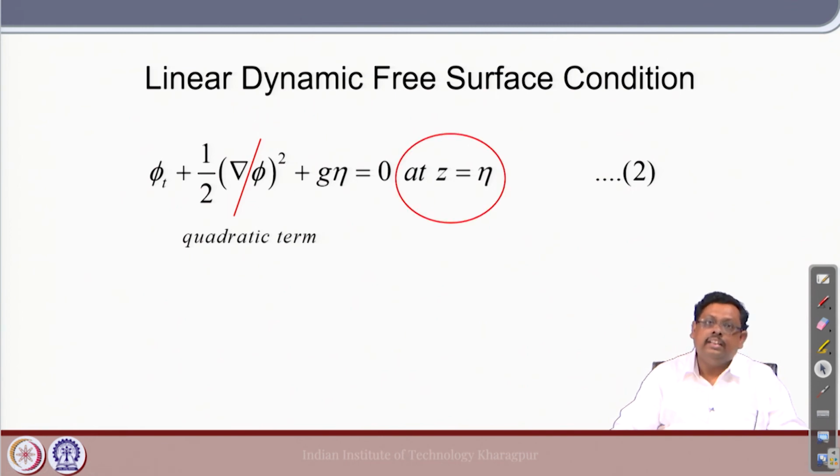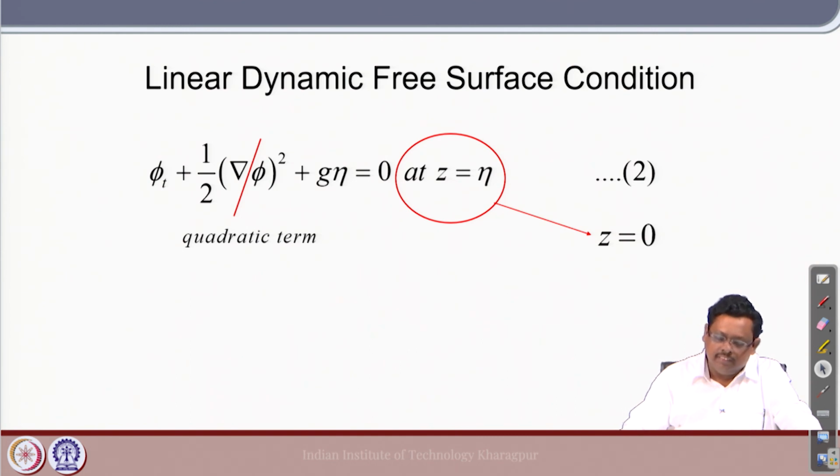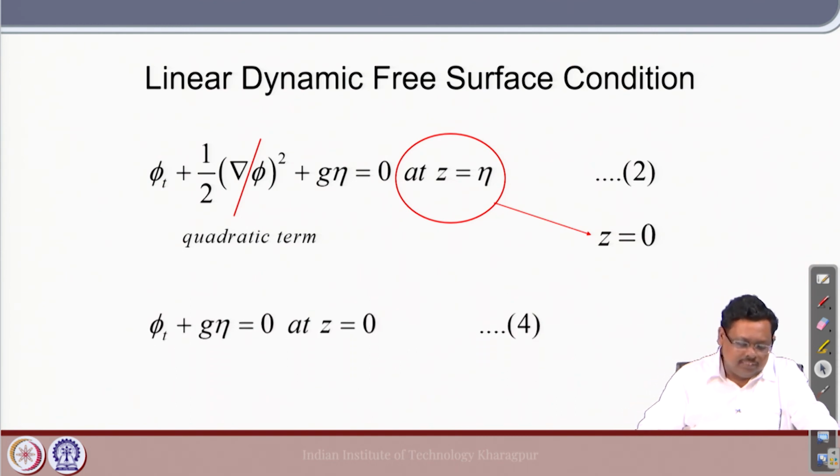Also, we have to apply it at z equal to 0 in this case too. Again the logic is similar: what is happening at z equal to 0 is the same as at z equal to eta. So I can drop z equal to eta and write z equal to 0. Therefore, my linear dynamic free surface condition becomes phi t plus g eta equal to 0 at z equal to 0.